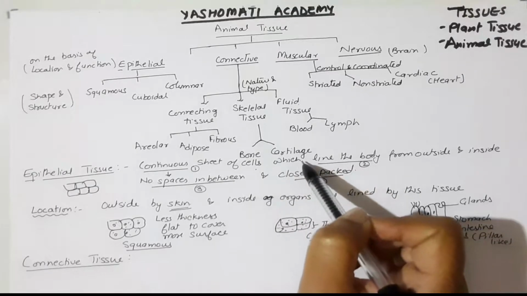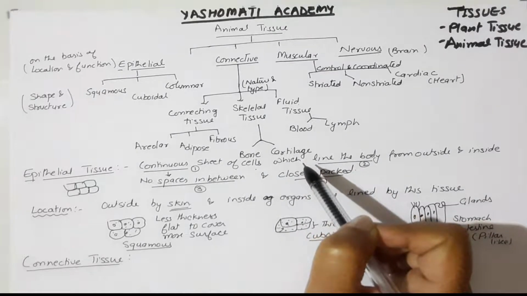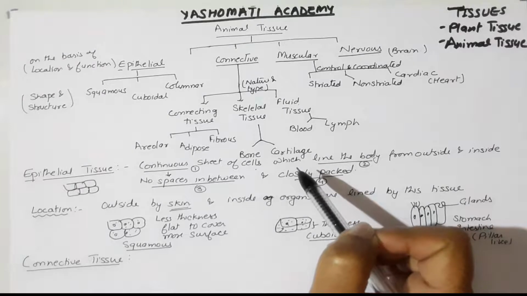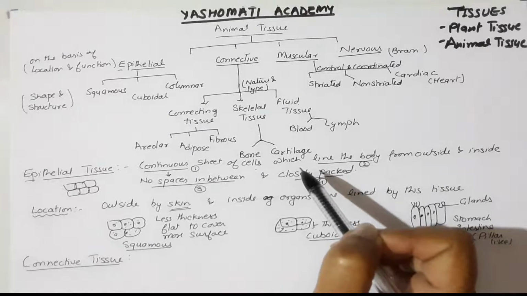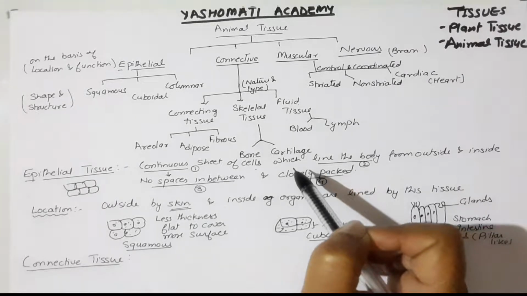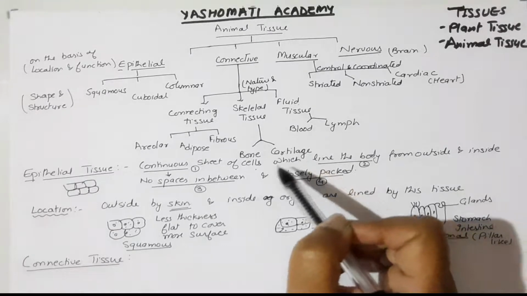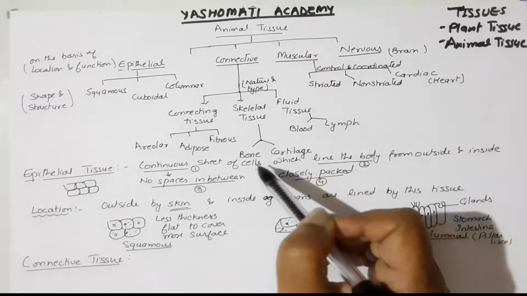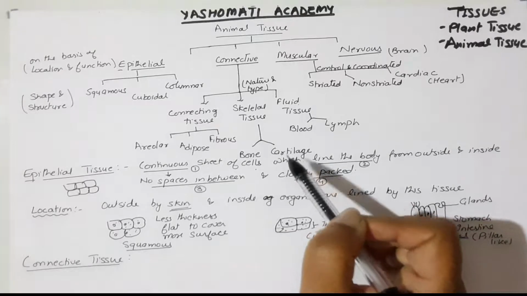Similarly, cartilage, because they are flexible, so they give protection as well as they keep that body part soft. For example, you have cartilage in your ear, you have cartilage in your nose. So these parts, they help in making the part flexible as well as it gives it shape. We must remember that cartilages, they are present on the ends of larger bones also, where they provide cushioning.